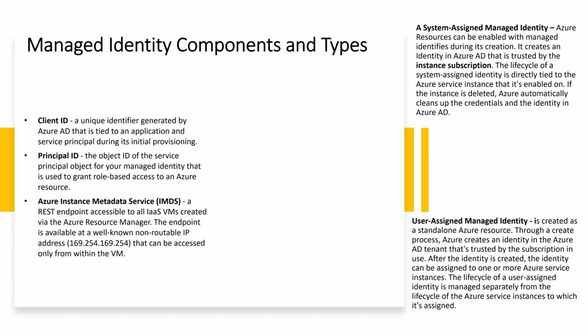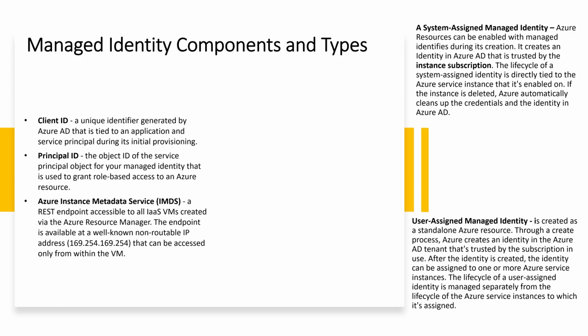And as I said, these managed identities can be of two different types. One is a system assigned managed identity, which is created during the provisioning of the resource, or you could also add it after provisioning the resource, which we'll see and demonstrate. And these IDs are trusted by the instance subscription, right?